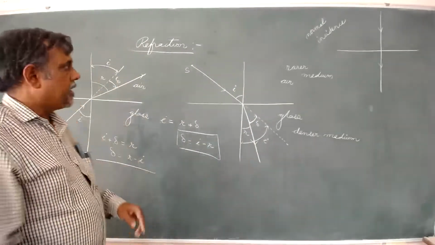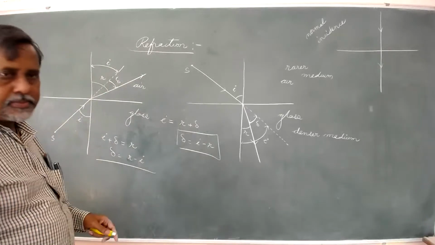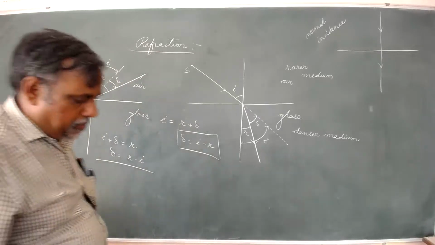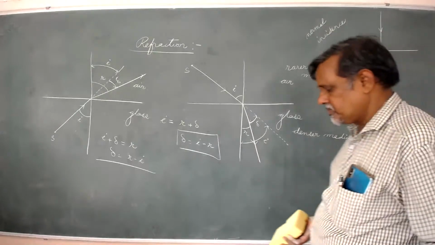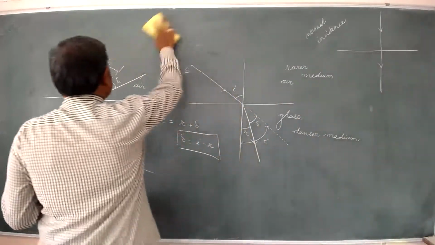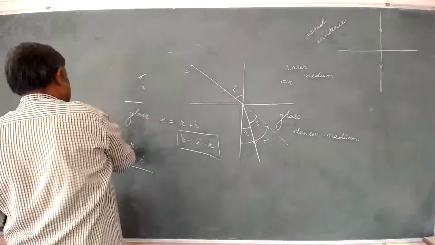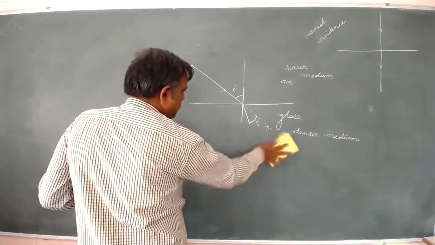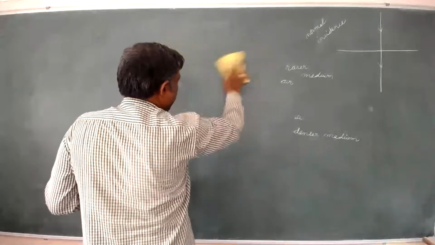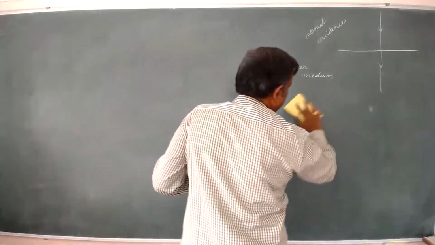Now coming to one more thing. When the light ray passes from denser to rarer, we come across one important situation. What is that? Critical angle and total internal reflection.